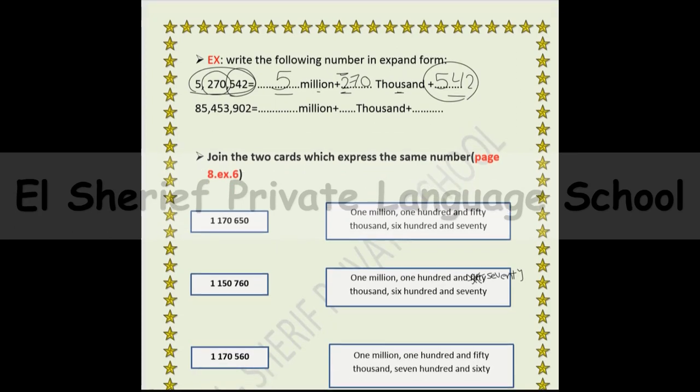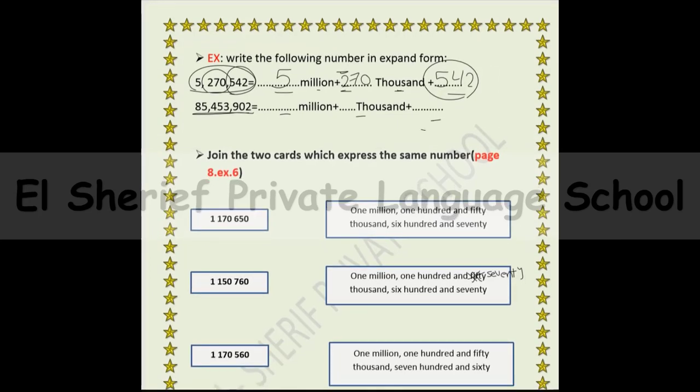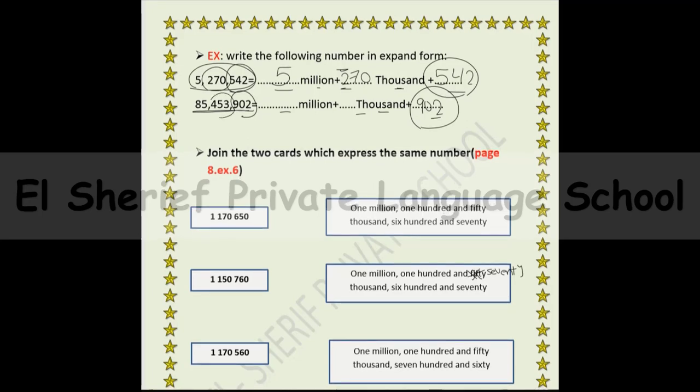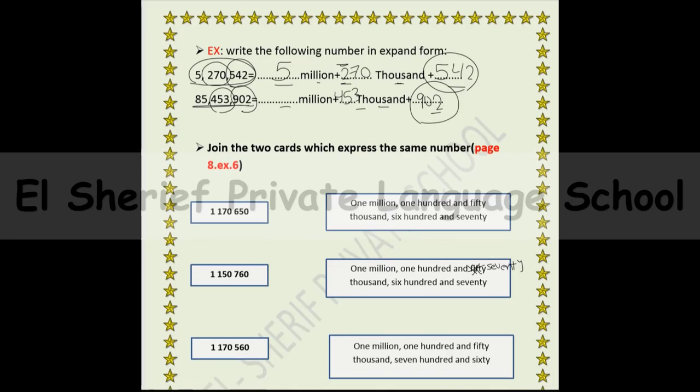The next whole number, we have a number formed from 8 digits, but we have 3 spaces, so expand according to families. The first space for the first family, 902, and the next space 453,000, and in million I have 85.